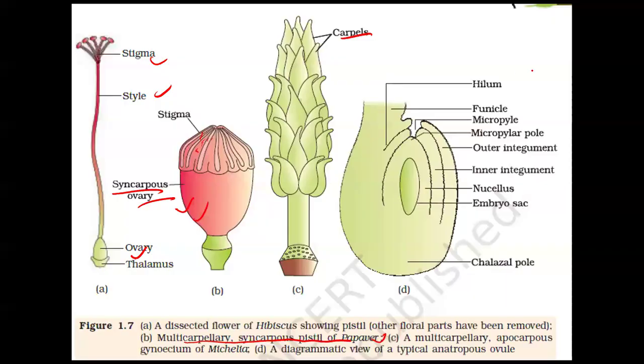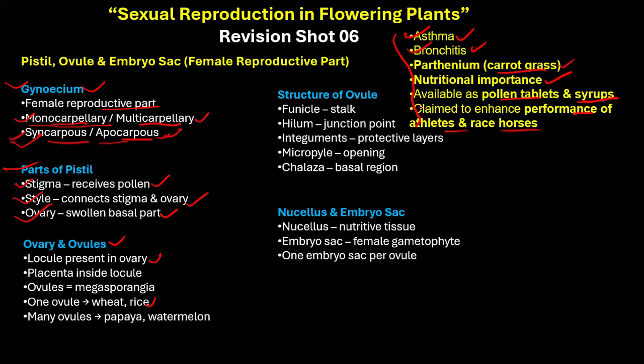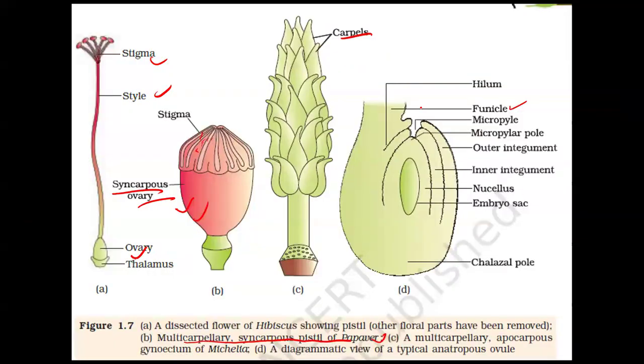You can see in this diagram here, this is the funicle. The point where the funicle joins the ovule is called the hilum.